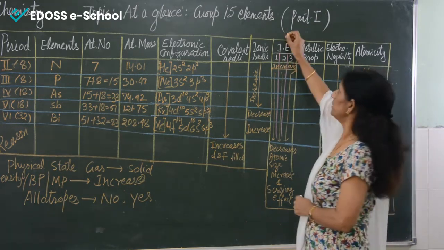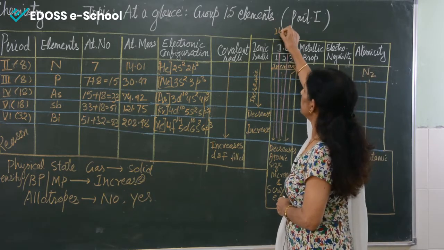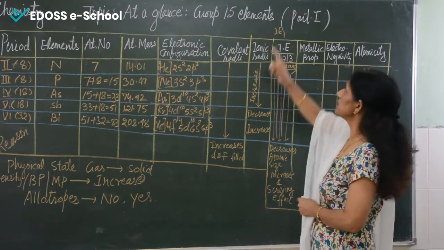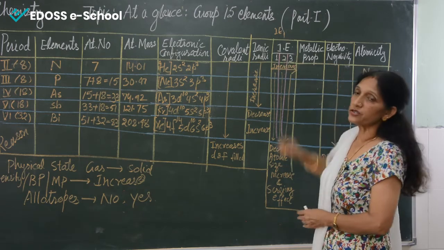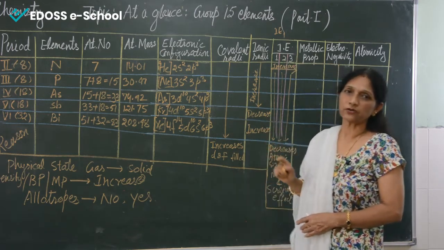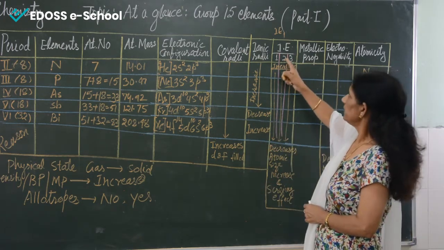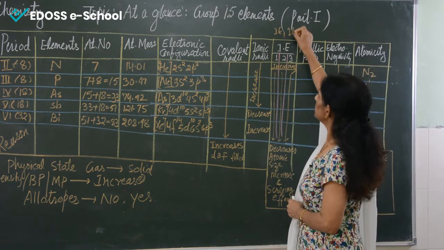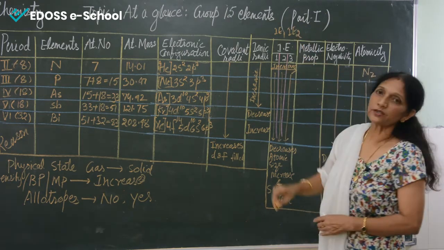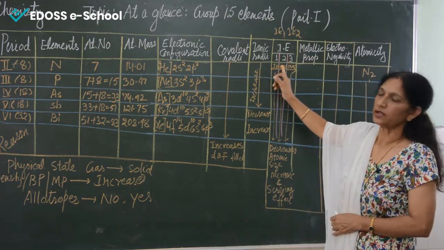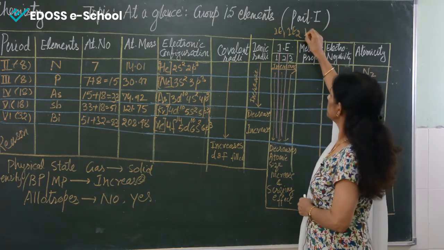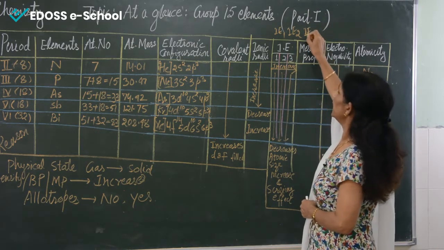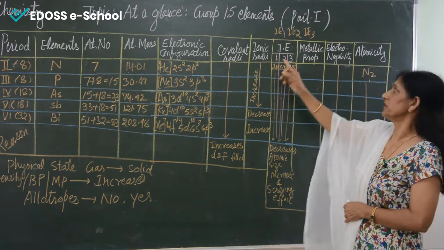Ionization enthalpy 1 means the energy which is needed to remove the first electron, and ionization enthalpy 2 means the energy that is needed to remove the second electron, and ionization enthalpy 3 means the energy that is needed to remove the third electron.